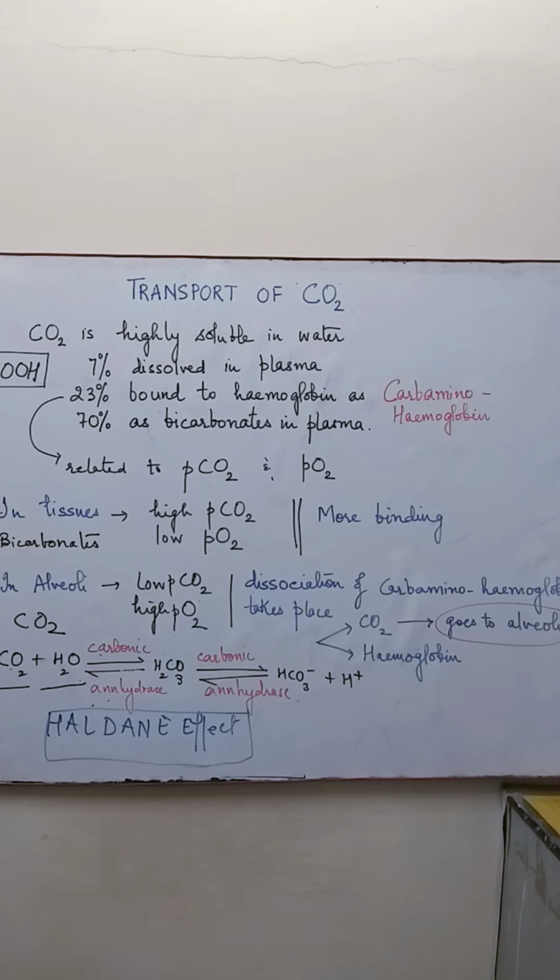So this effect is known as Haldane effect. If PO2 is low, that means less oxygen molecules are binding the hemoglobin, then chances of CO2 binding to hemoglobin will be high, and vice versa. So this effect is named after the scientist and is known as Haldane effect.